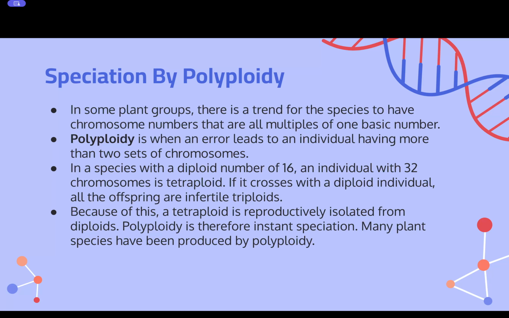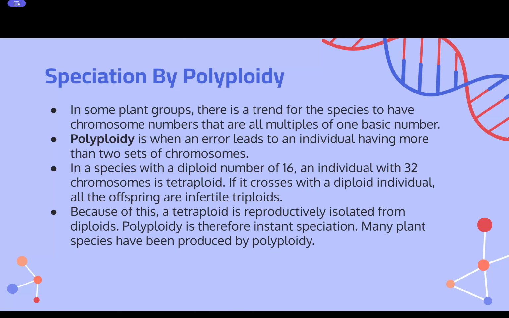But then if the tetraploid and the diploid cross, because one has 32 and one has 16, they will result in triploids, which will basically be 3 sets instead of 2 or 4. Because they're 3 sets, they can't fertilize another because they can't split into equal haploid sets; there's no version of haploid.